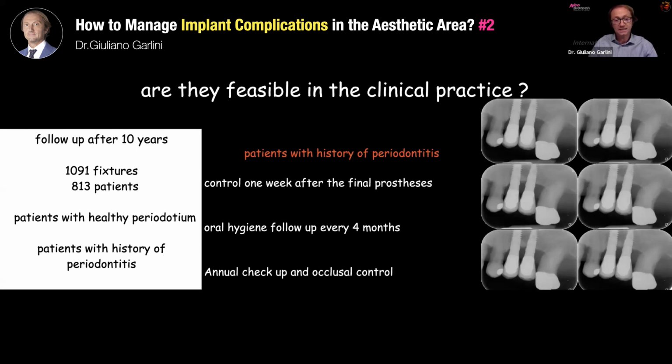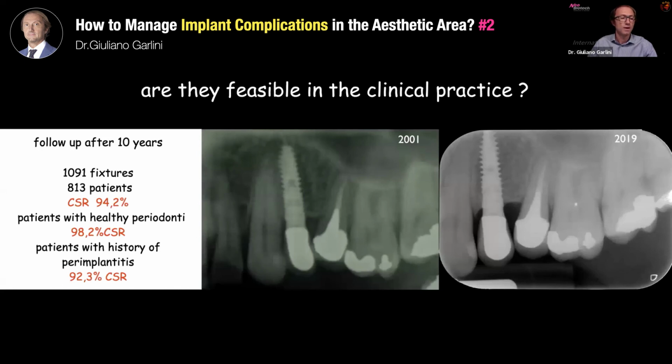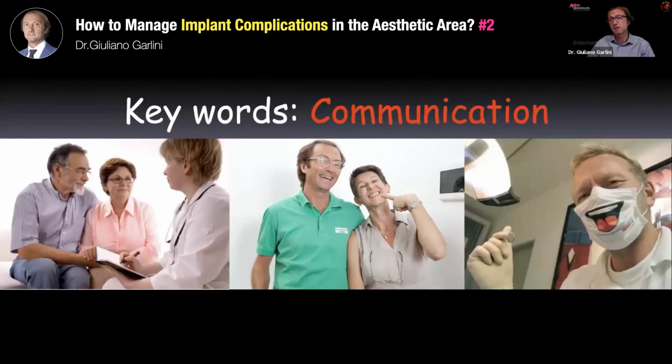And with this kind of approach, we had a cumulative success rate in more than 800 patients of 94%: 98.2% cumulative success rate with patients with a healthy periodontium, and 92% cumulative success rate in patients with a history of periodontitis, periimplantitis and periodontitis.